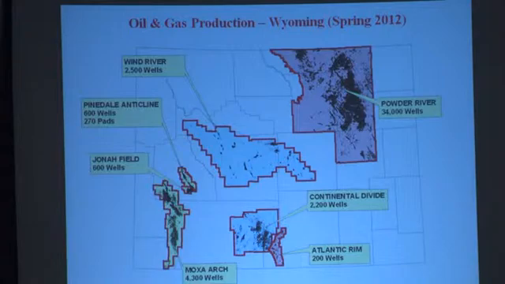The Pinedale Anticline, in comparison, produces a whole lot of gas. There's only 600 wells there. They're on 270 pads, so that means that they're doing about 2 to 3 wells per pad. So they drill down and turn off in different ways. Those rigs are very big.